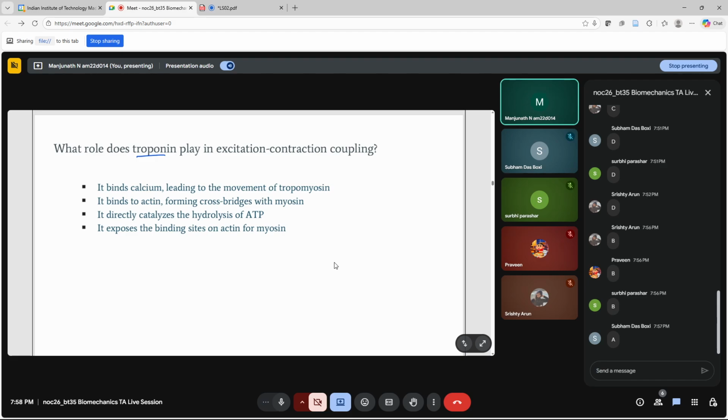Look again. Those who have answered, look again and try to check whether the answers are correct. What role does troponin play in excitation contraction coupling?